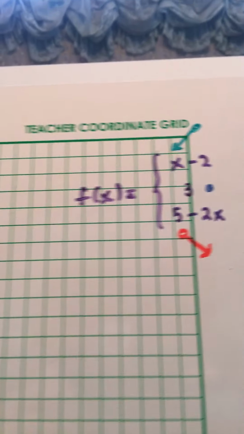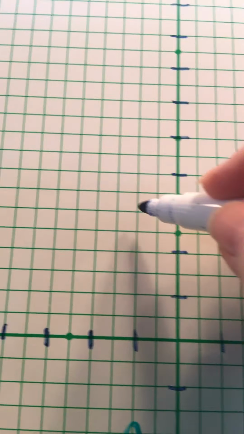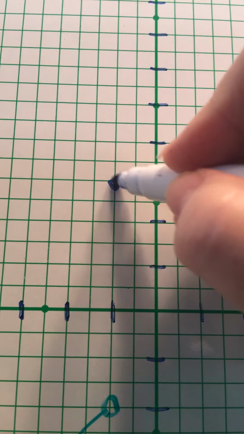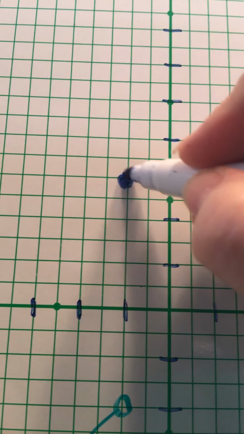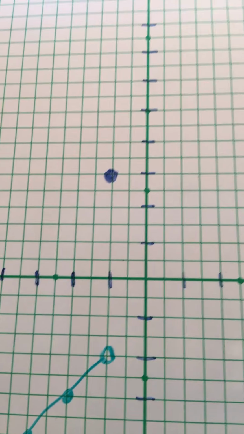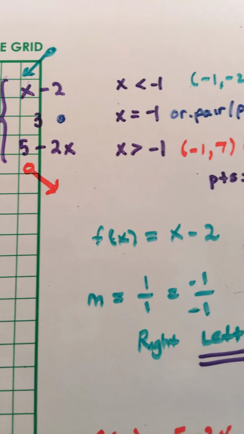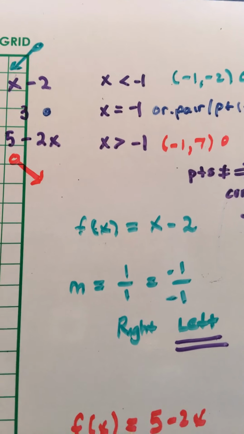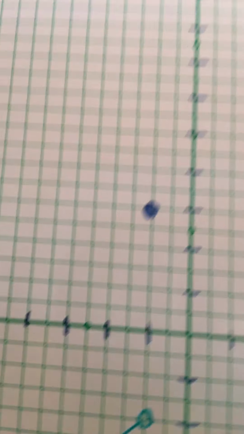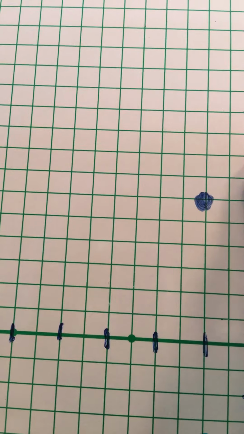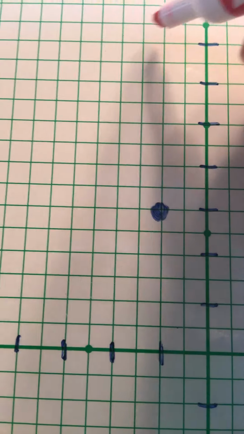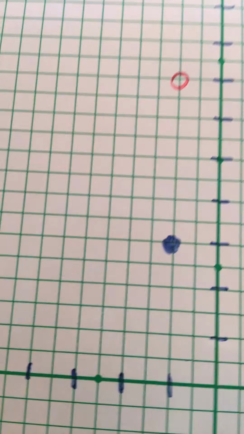And then my ordered pair is negative 1, 3. So I find my negative 1 and my 3, and that is just a single cute little point, nothing to write home about. And then I'm going to plot my negative 1, 7 before I get to slope. So here's my negative 1, 7.